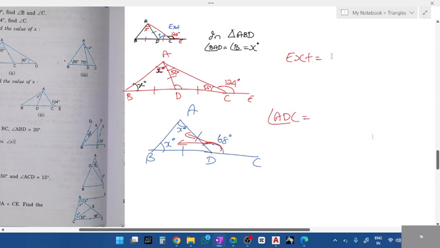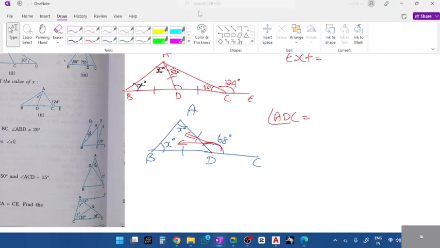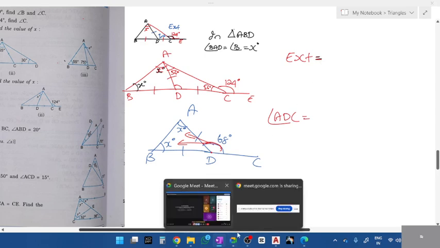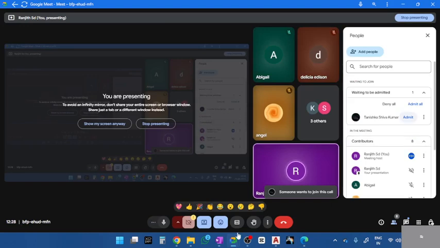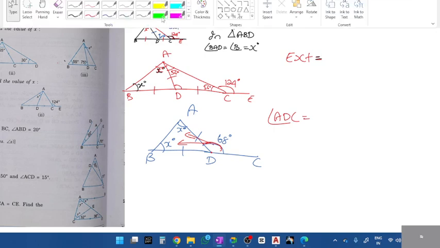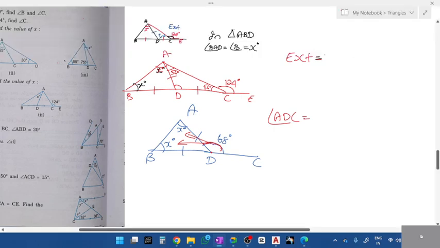Delisha, can you tell me the exterior angle formula? Is Delisha online? Tell me exterior angle. Even you didn't make notes of Saturday's class? Respond, Delicia.